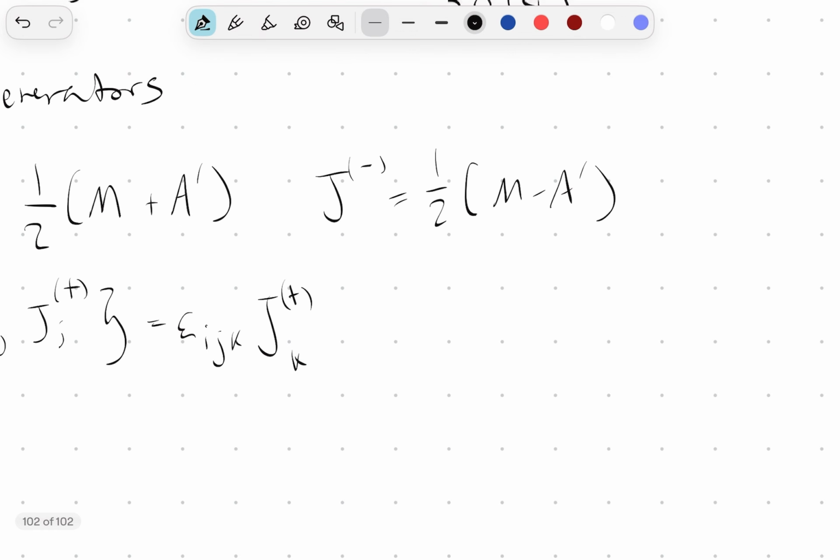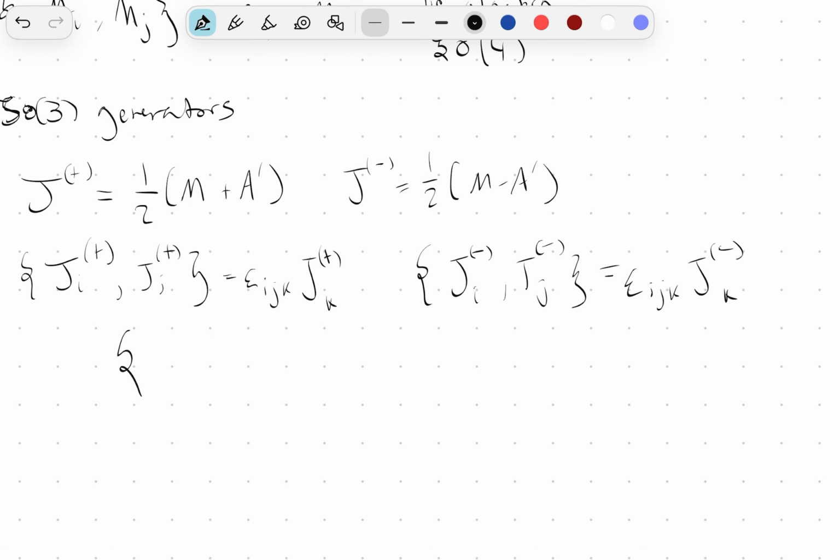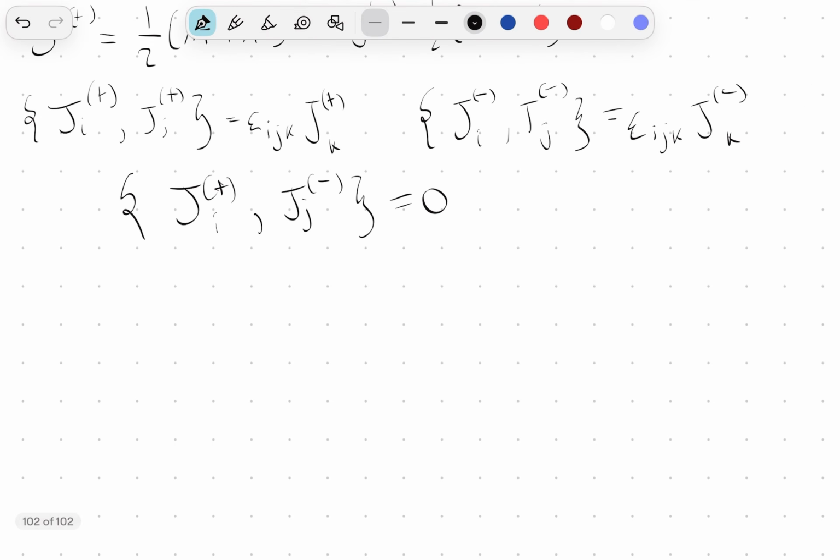So we have this, and then we'll have the Poisson brackets for the lowering operator here. And then we're going to have the extra one that ensures the Poisson bracket here is 0.